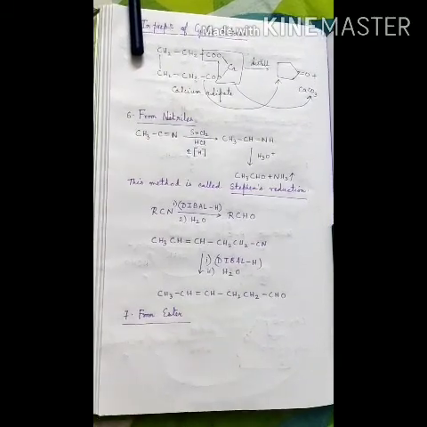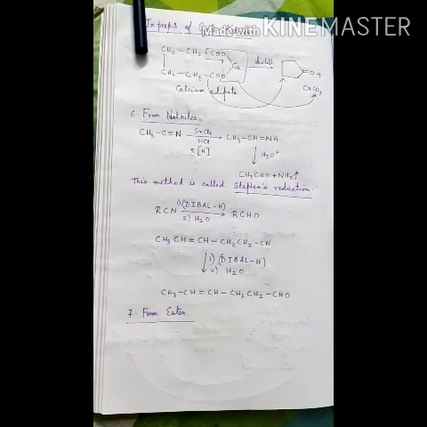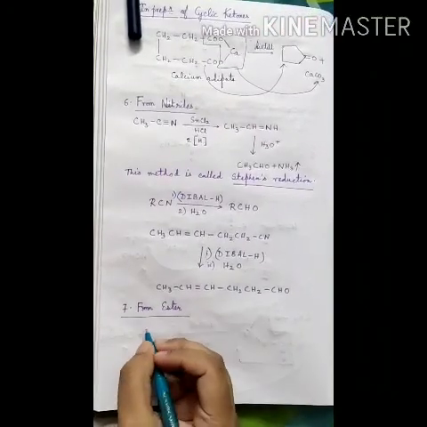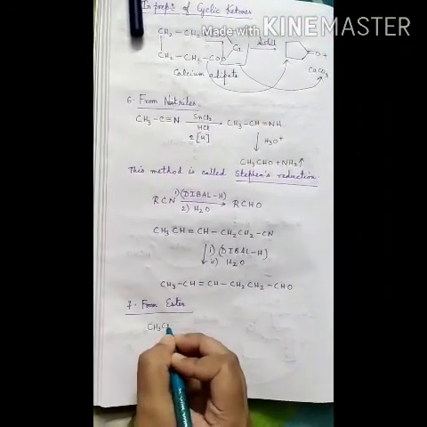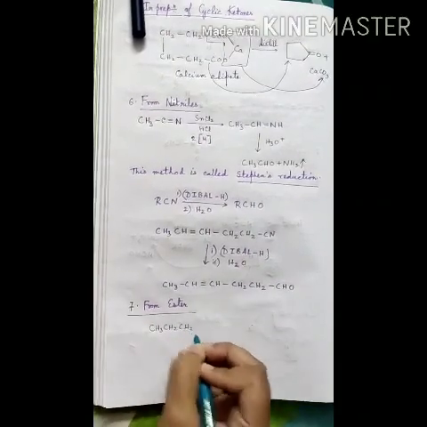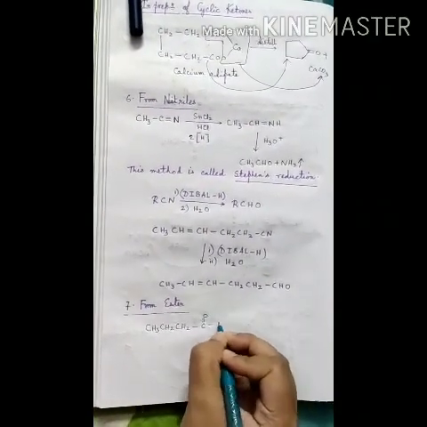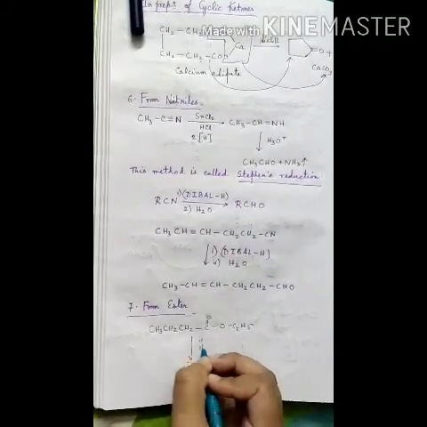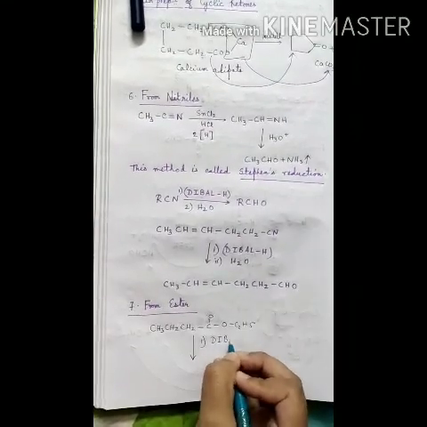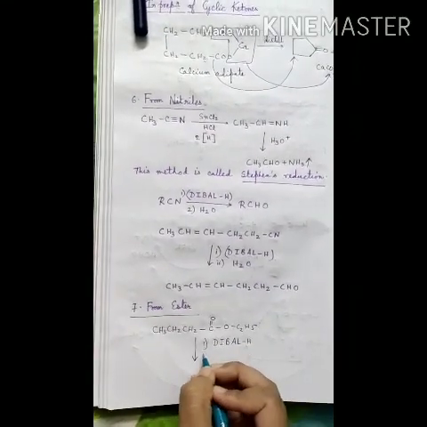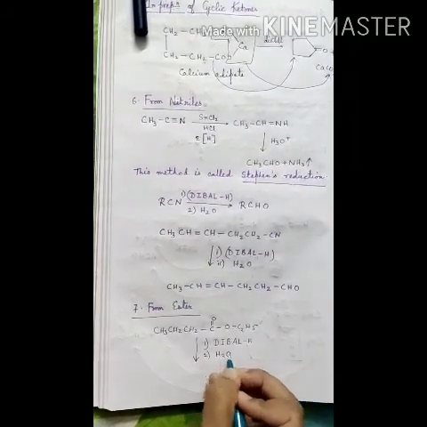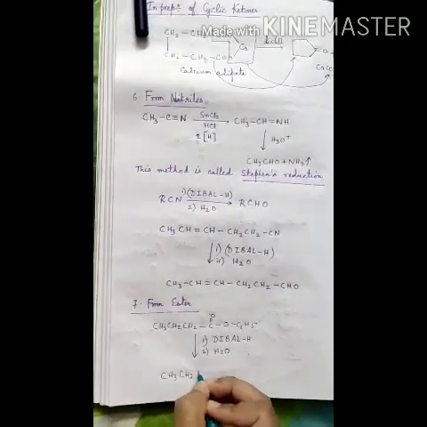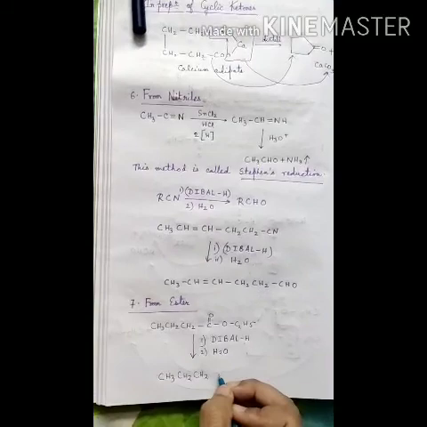Esters, if they are treated with this DIBAL-H reagent, also get reduced to aldehydes easily. Suppose we have taken an ester CH3CH2CH2C(=O)OC2H5, and we are treating this ester with DIBAL-H, and then we are hydrolyzing it. Then the ester also gets reduced to an aldehyde.